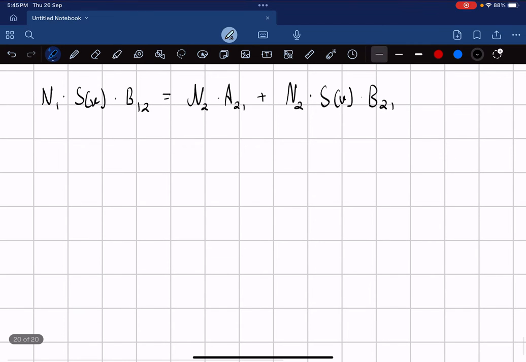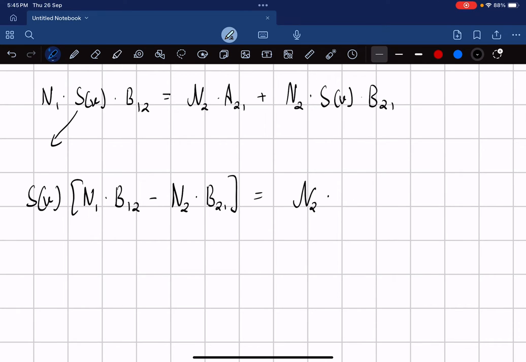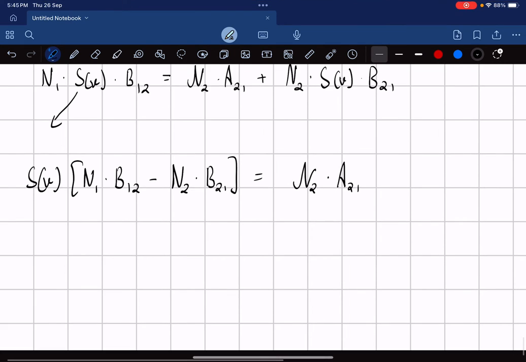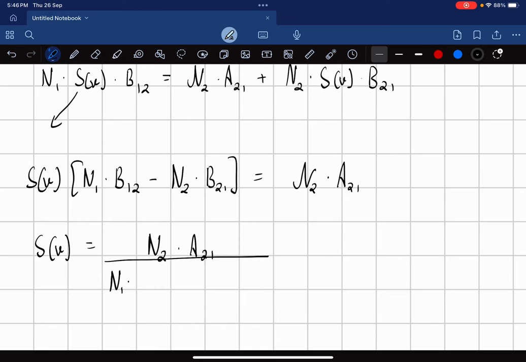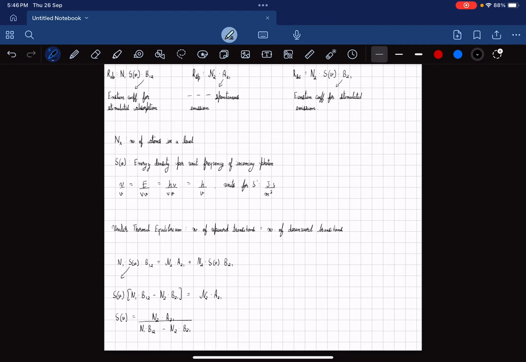So now we'll have to solve this. Keeping this, taking this common, we have this, which we can term as our first equation.